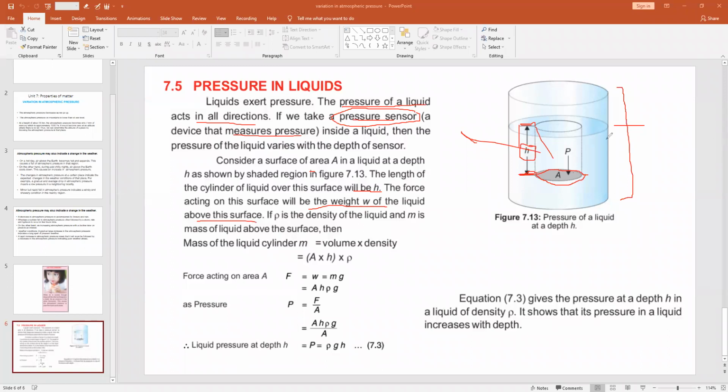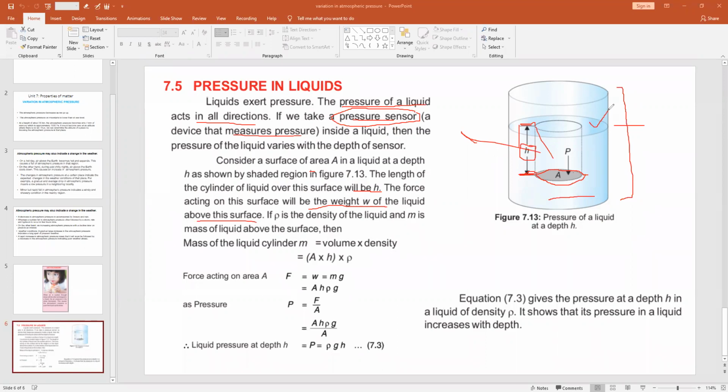So class, as you see, this liquid is placed in a beaker or a glass. The pressure will be exerted in a downward direction, because we have more pressure on the lower area as compared to the upper area. If the pressure is acting downward, it means the force is also acting downward.